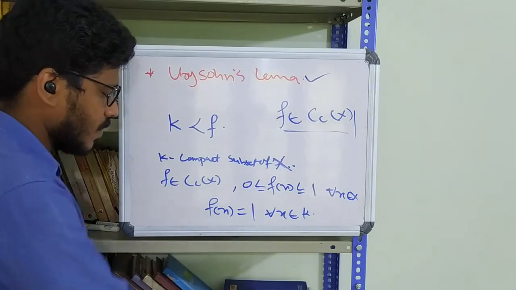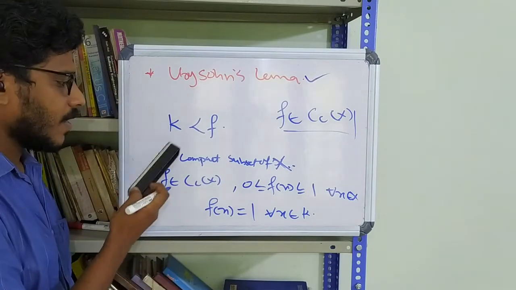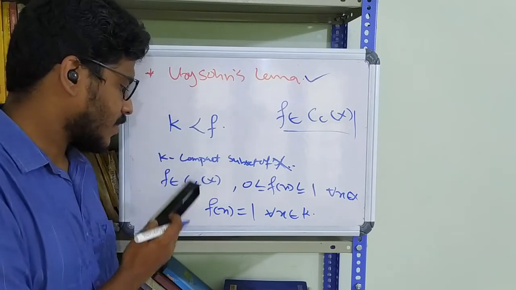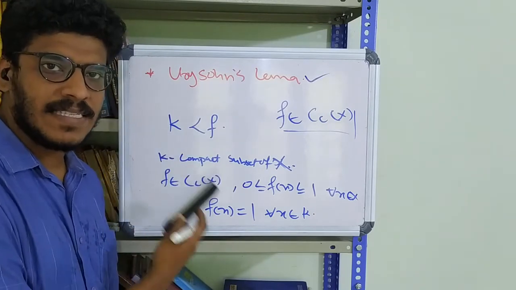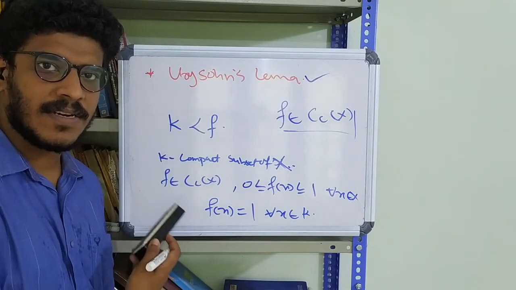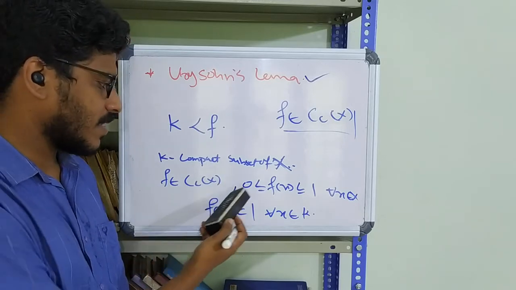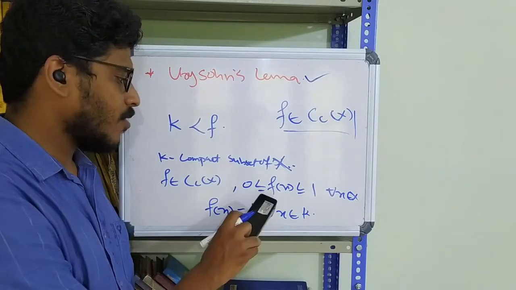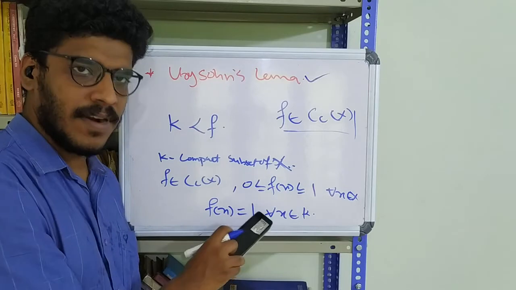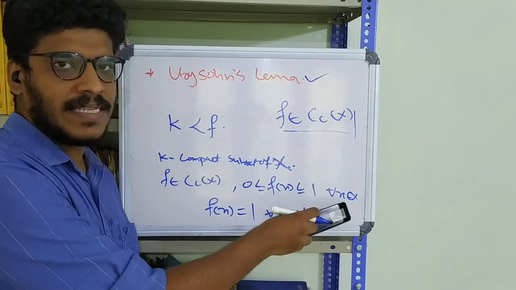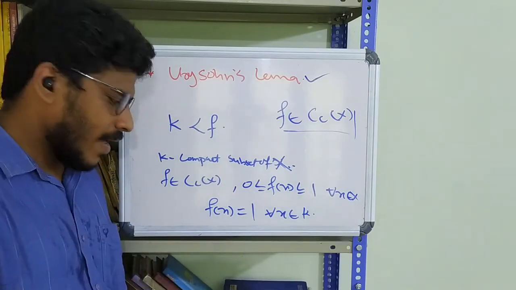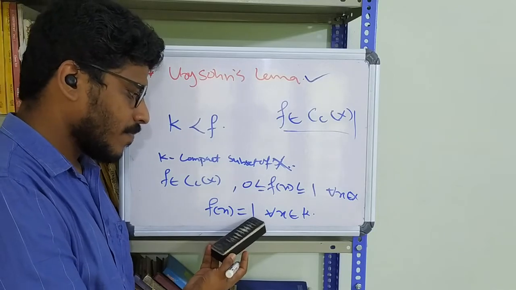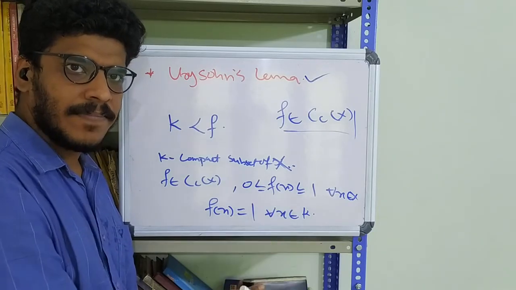So this notation means K is a compact subset of X and f is an element of CcX, which means a function with a compact support on X, and the value of the function is in between 0 and 1 for every x in capital X, and f of x equal to 1 for every x in K.